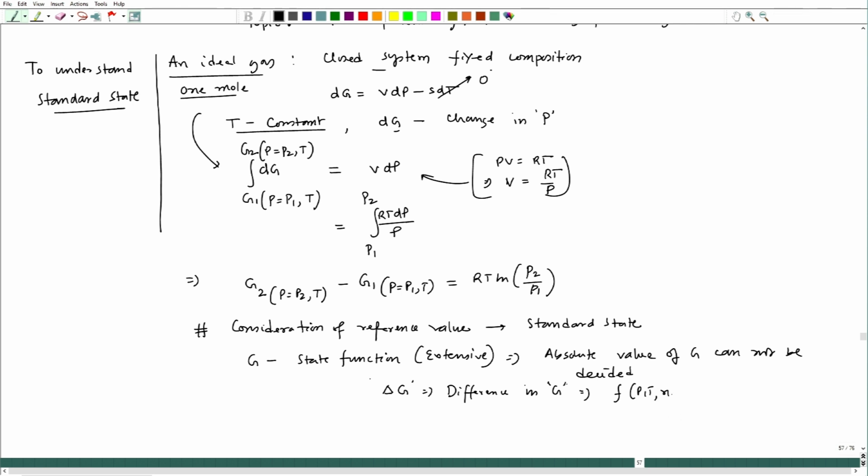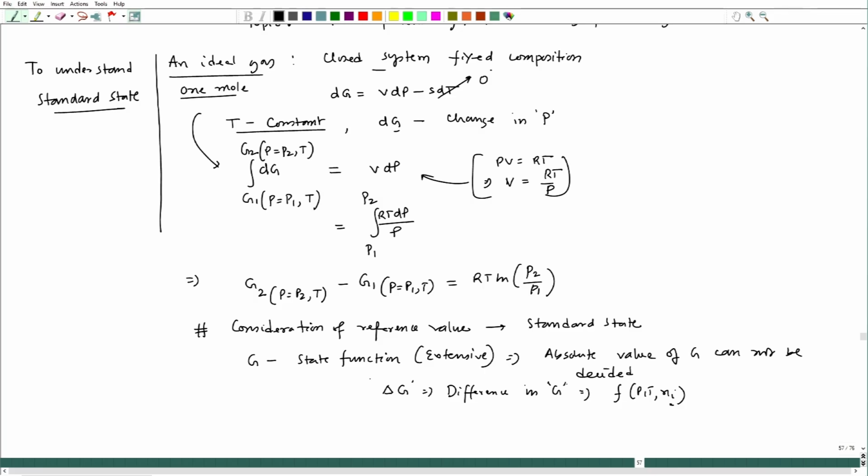I put a condition that if it is not one ideal gas, rather a mixture of ideal gases, then I have to introduce the composition factor, which is included in this function as Ni, the number of moles of different component ideal gases present in the system.